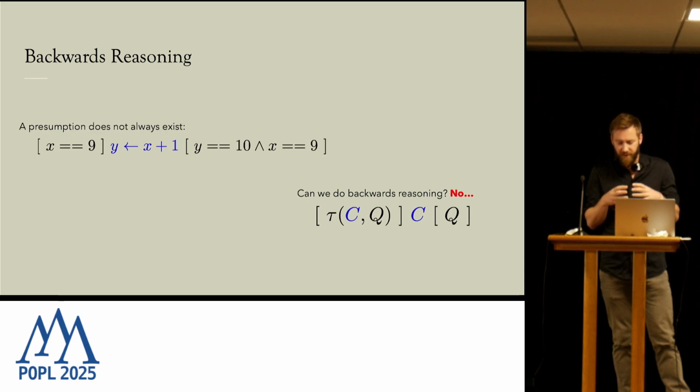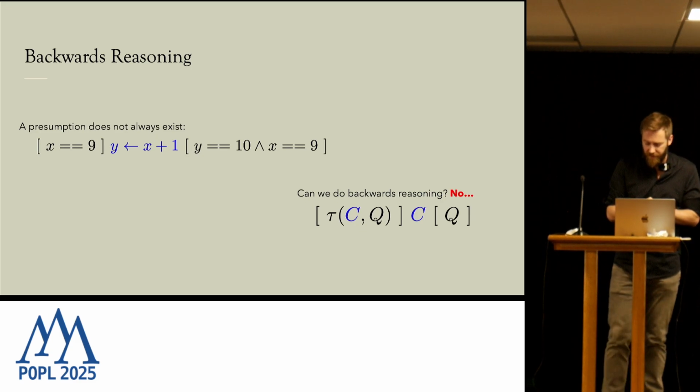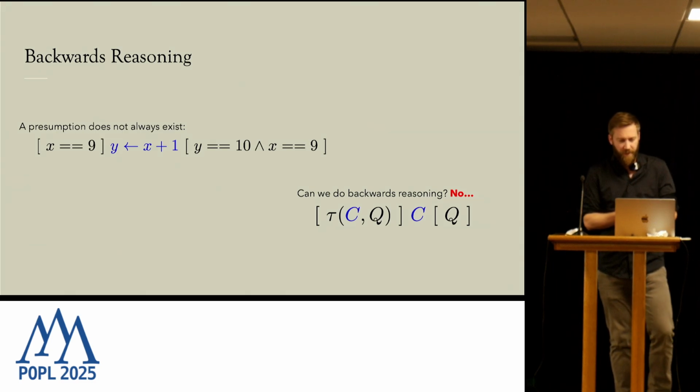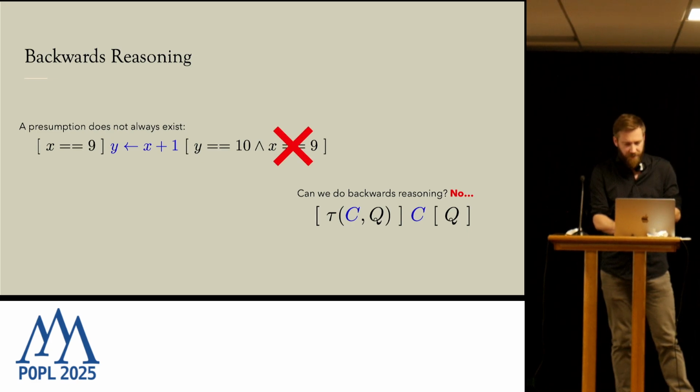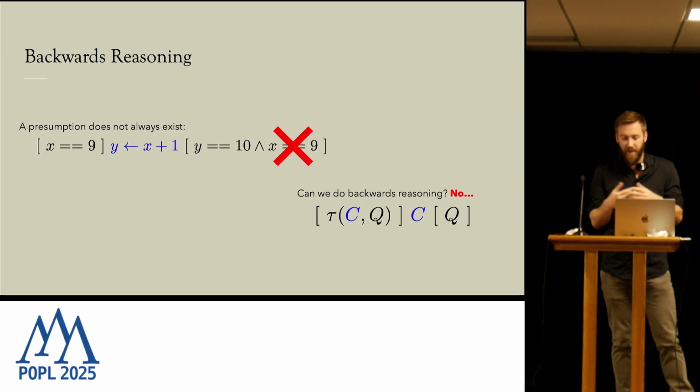But this is, of course, very unsatisfactory, because if I want to characterize some bug, what this basically means is that I would have to start from a result or a postcondition that precisely defines constraints over all variables in the state. And that's just infeasible and impractical. So I don't want to need to define anything over x if I just want to know whether states where y is 10 are reachable.